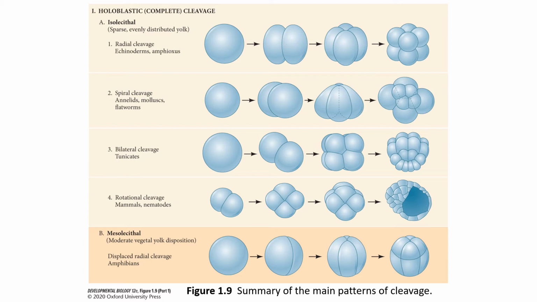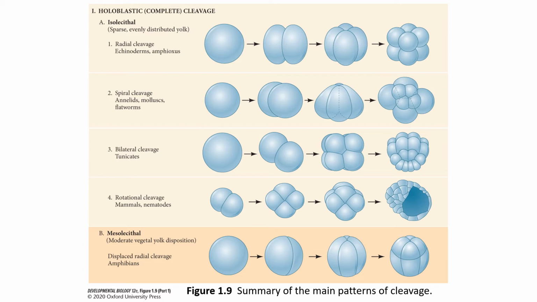isolecital type of yolk would be the radial cleavage, which is prominent in echinoderms and amphioxus. Next is the spiral cleavage for annelids, mollusks, and flatworms. Next is the bilateral cleavage for tunicates, and then the rotational cleavage for mammals and nematodes.